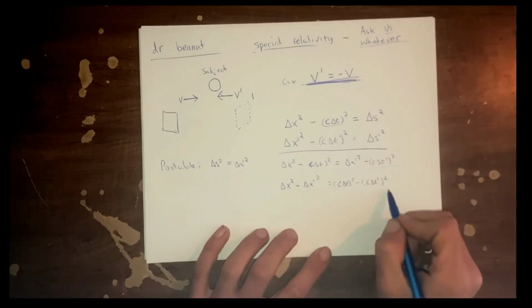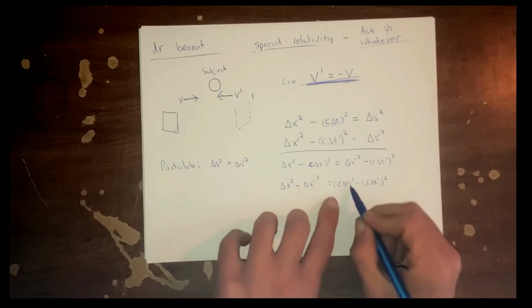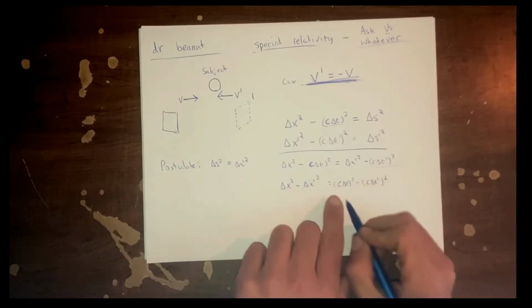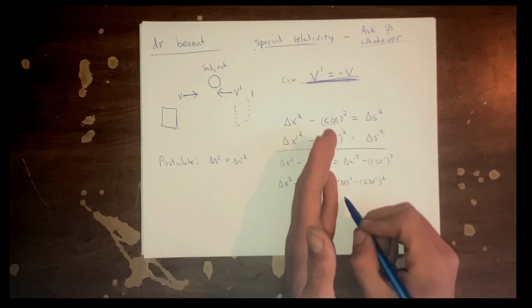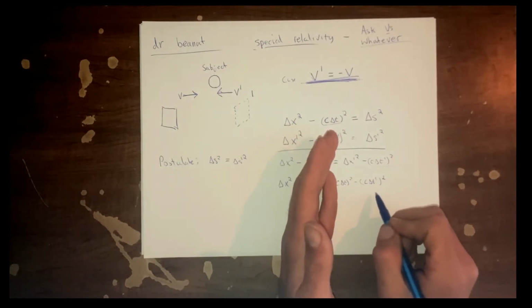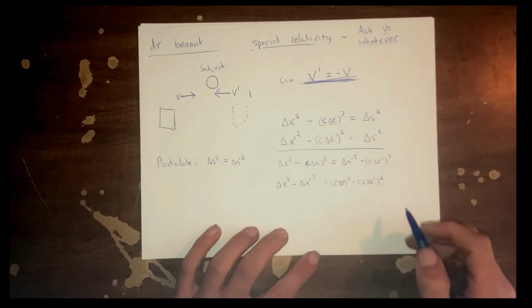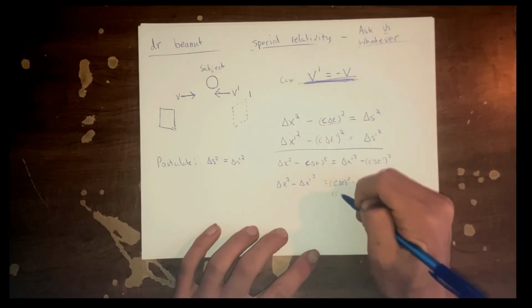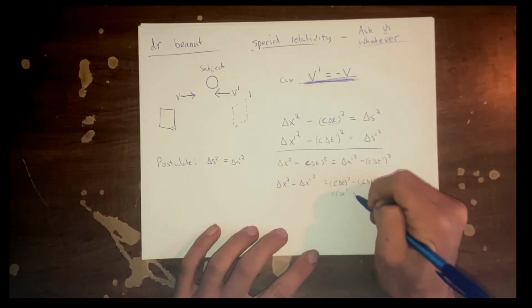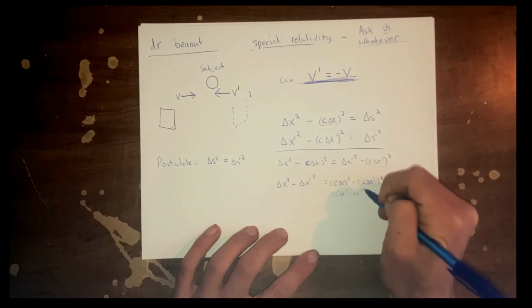Next thing I'm going to do is factor out a c from that. If we factor out the c, we would have c times the quantity of delta t squared minus delta t prime squared.